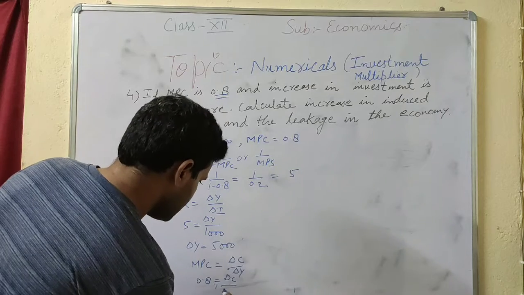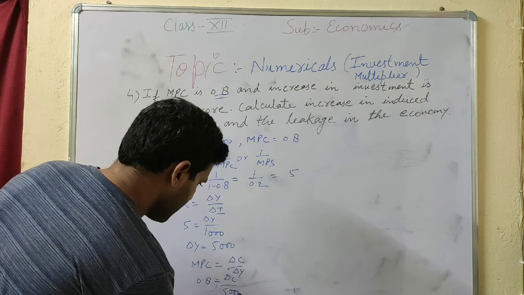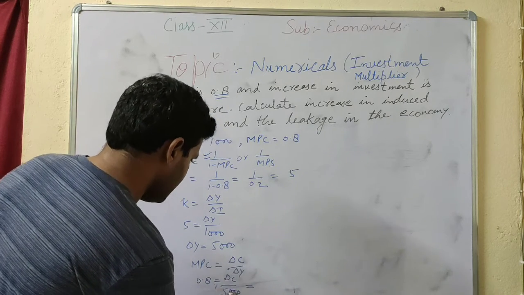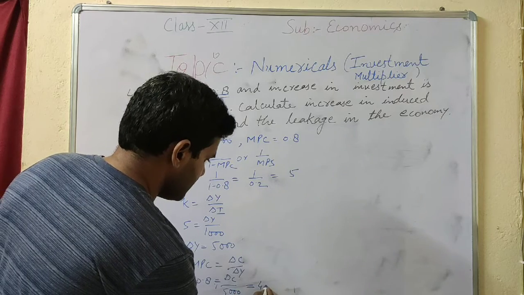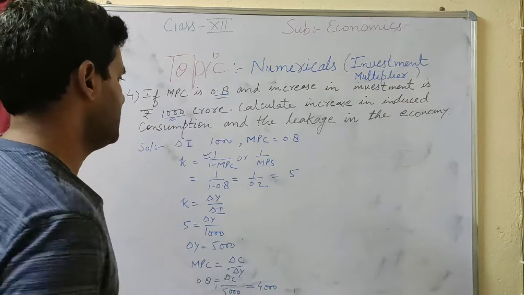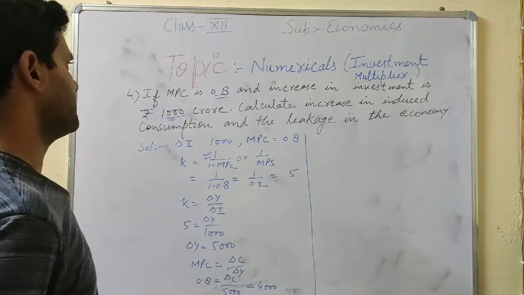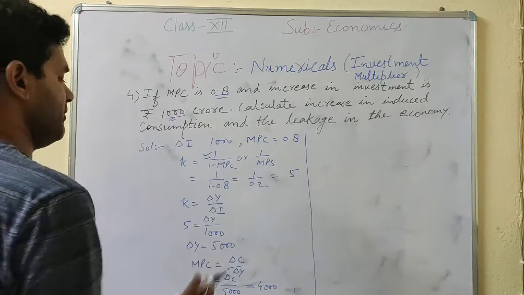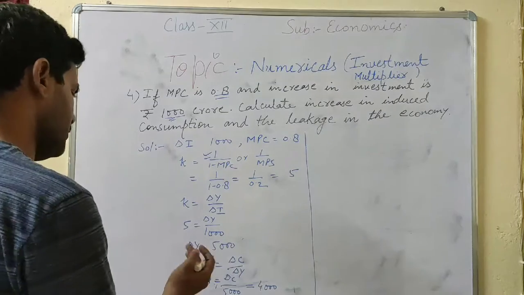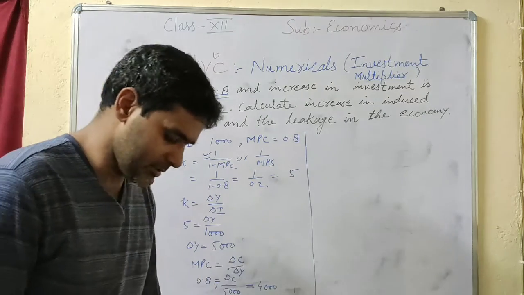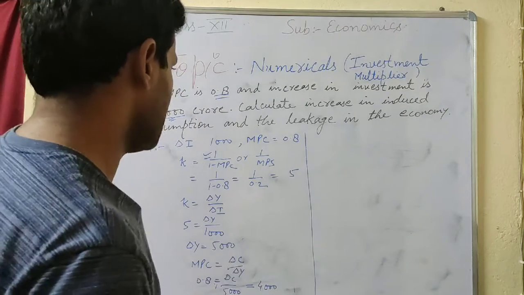Delta Y is 5000. So delta C will be 4000. This is the value of delta C, or change in consumption expenditure. So the first part of our problem we have solved. The change in consumption expenditure is 4,000.